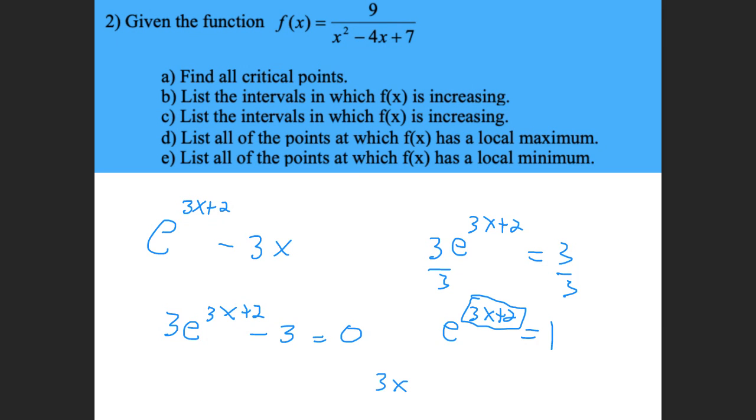So I just said 3x plus 2 is equal to 0. Subtract off 2. If x is negative 2/3, this would equal 1, correct? So my critical value for that problem is going to be negative 2/3.